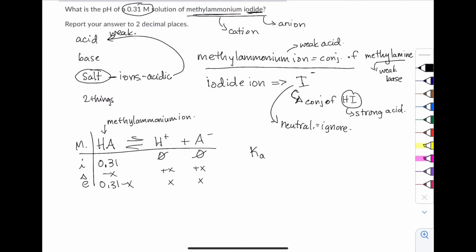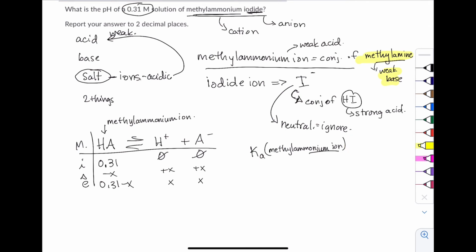And I need the Ka for the methyl ammonium ion. This is where I would go to my Ka table to look up its Ka, but I'm not going to find it. I don't find ions on the Ka table. But earlier we said it is the conjugate of methylamine, which is a weak base, so I can find the Kb for methylamine.